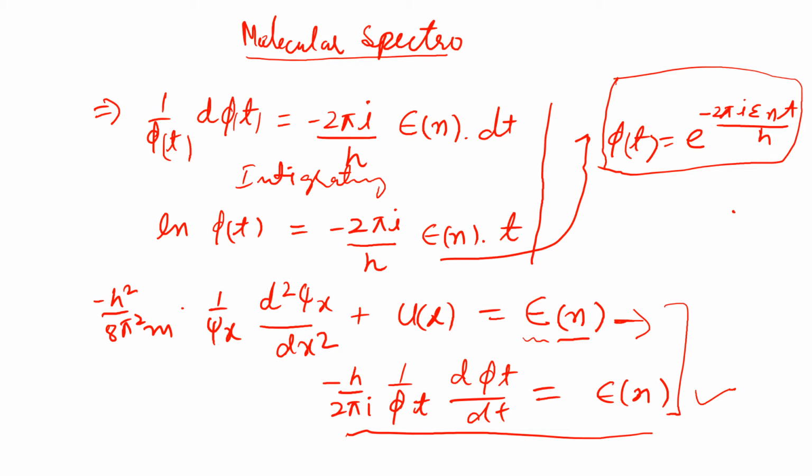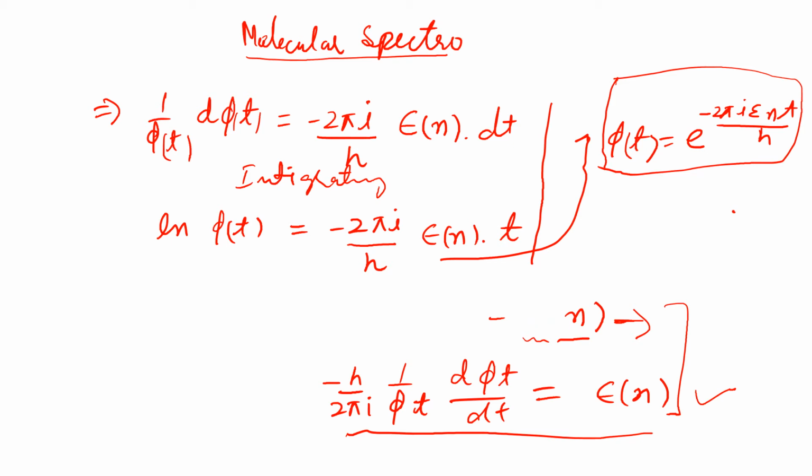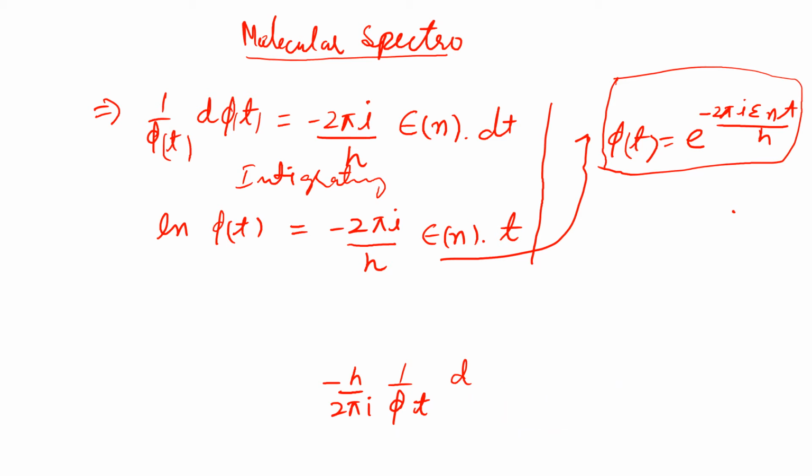Now we can put the value of phi t in the corresponding equation to get the solution. Let us see what happens. I will just erase this, and now we are coming closer to the first solution.